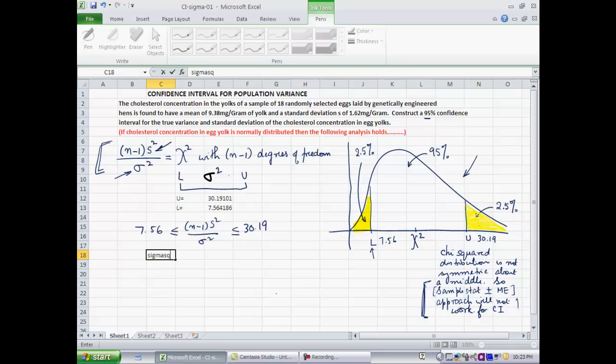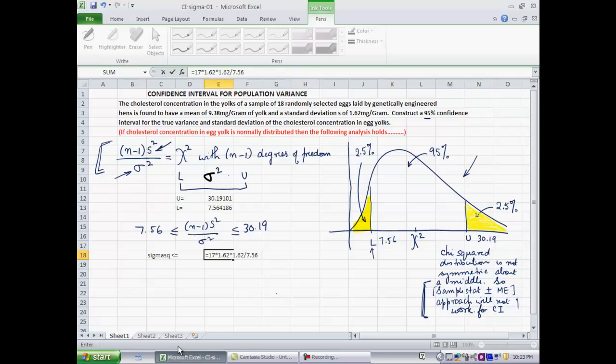So sigma squared would be less than or equal to, I'm taking the first inequality, 17, which is n minus 1, times s squared, which is 1.62 times 1.62, divided by 7.56.